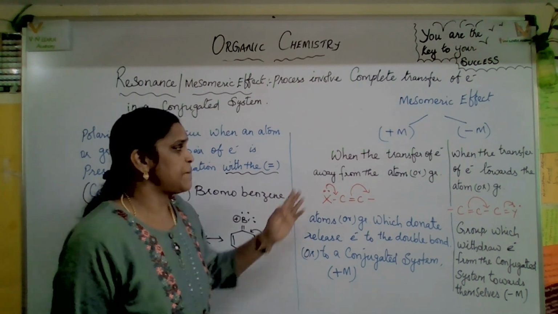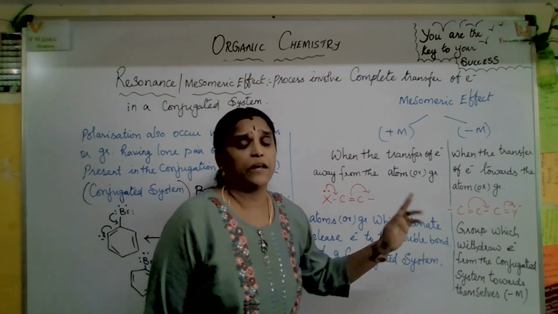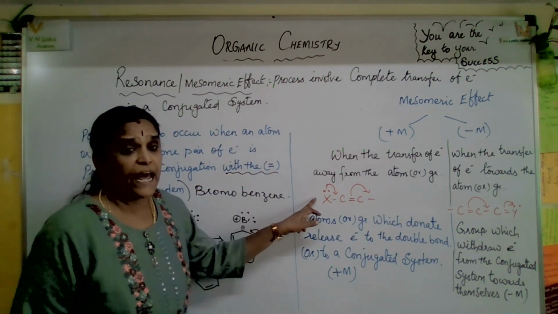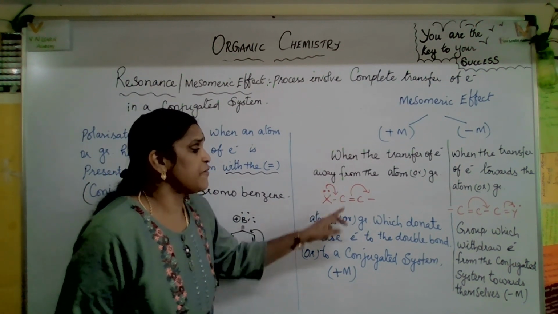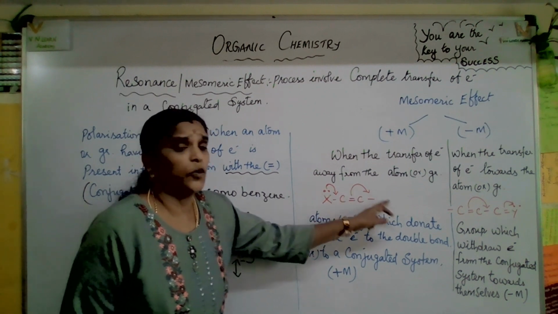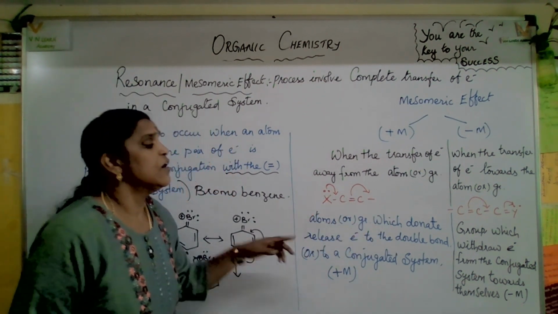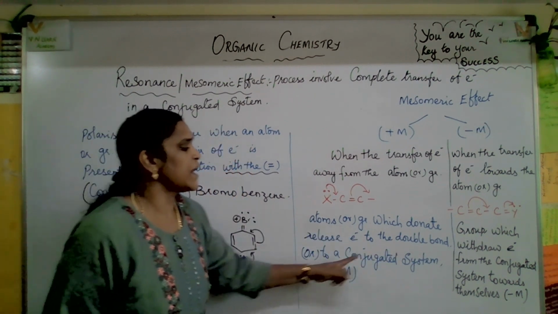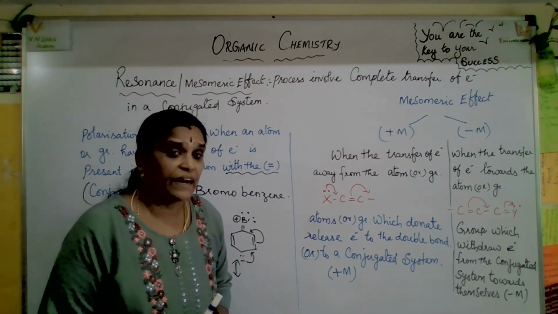What is plus M? It is when the transfer of electrons is away from the atom or group. What do we mean by away from the atom or group? See here, the halogen atom: the lone pair of electrons goes away from the atom towards that carbon. So that means an atom or group which donates or releases electrons to the double bond or to a conjugated system is plus M. I hope you got a clear idea.